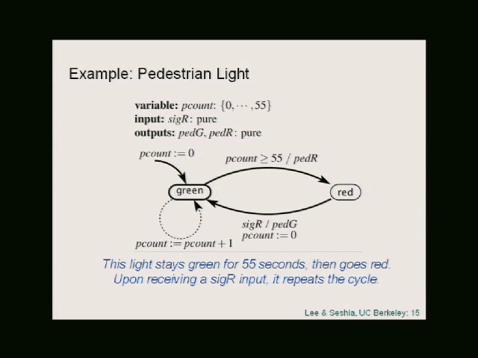Okay, good. So it comes from the fact that both of these are time triggered. In this case, p count is counting seconds, and so is count. And in order for them to be correctly synchronized, that is, you make a transition from green to red here in a reasonable amount of time.